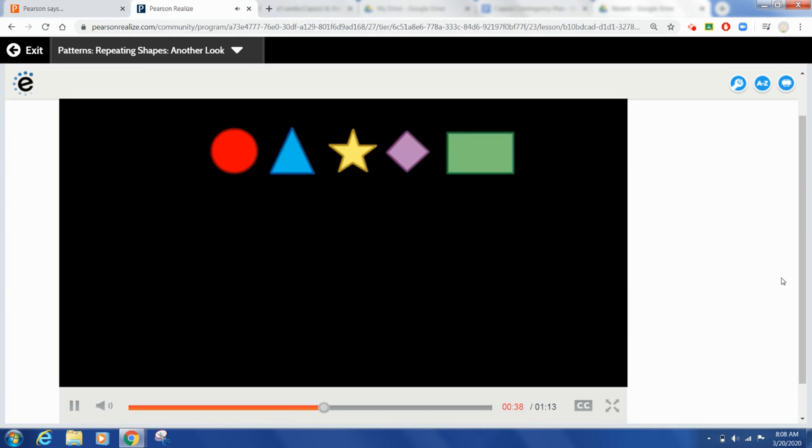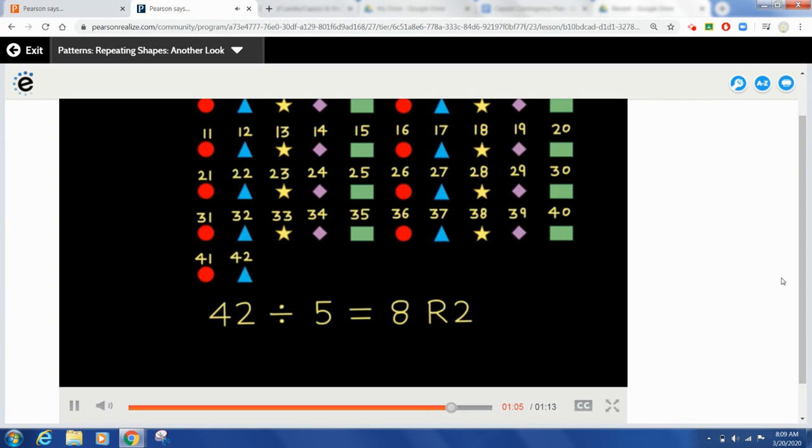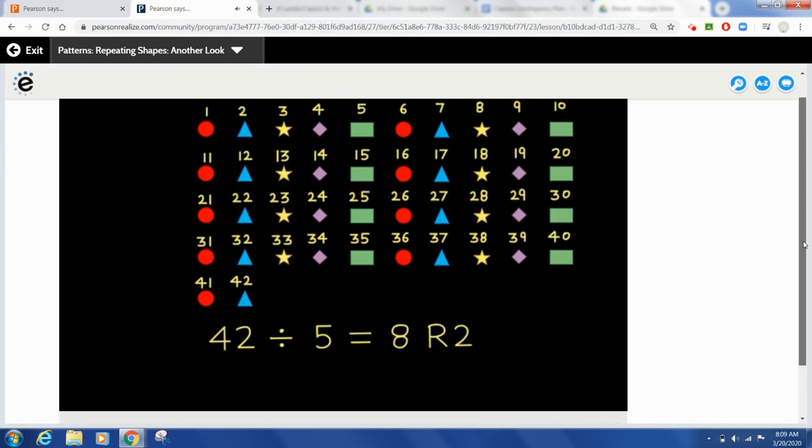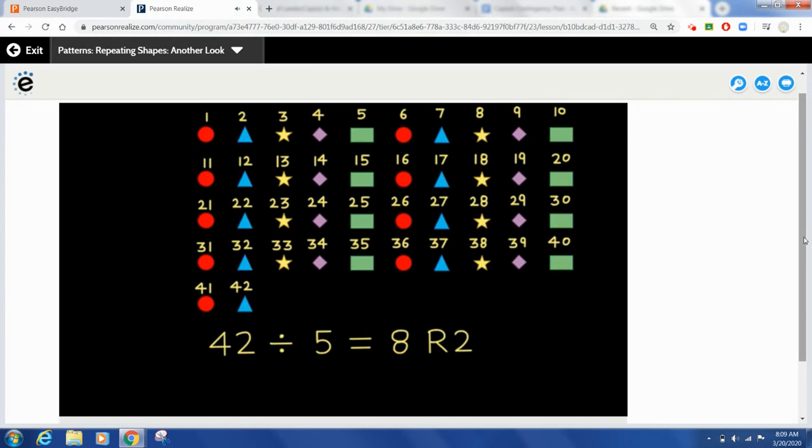Every 5th shape is the same because there are 5 repeating shapes in the pattern. If we divide 42 by 5, we get 8 remainder 2. The pattern repeats 8 times. 2 more shapes appear. The second shape in the repeating pattern is a triangle. The triangle is the 42nd shape in the repeating pattern. The rule helps you identify the locations of the shapes in a repeating pattern.